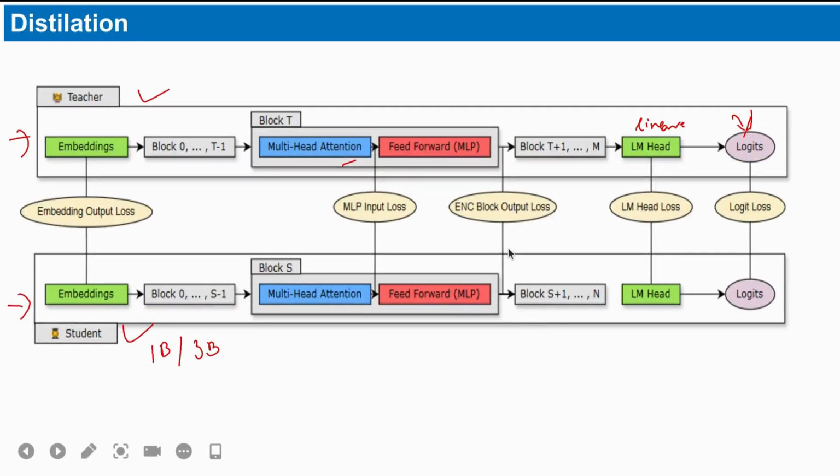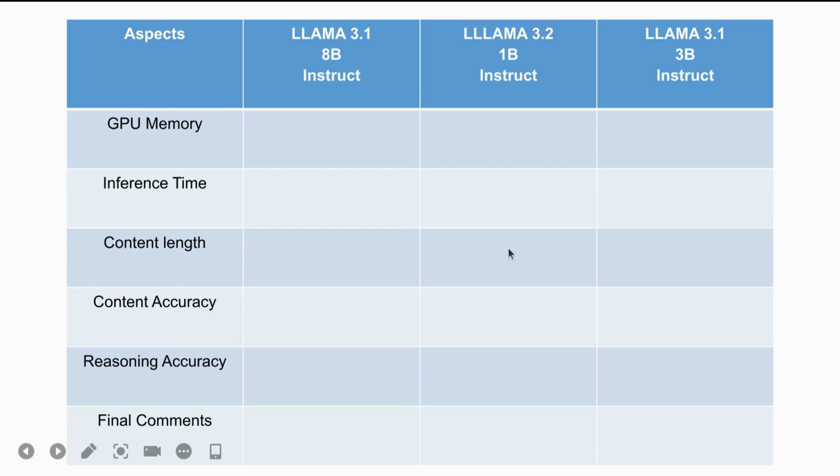Now we will compare programmatically, by experiment, which model produces good outputs. We will compare Llama 3.1 8 billion instruct with Llama 3.2 1 billion instruct and Llama 3.2 3 billion instruct with respect to some aspects: the minimum GPU memory required, the inference time, the content length, meaning how much good content the model can generate, the content accuracy, and the reasoning accuracy.